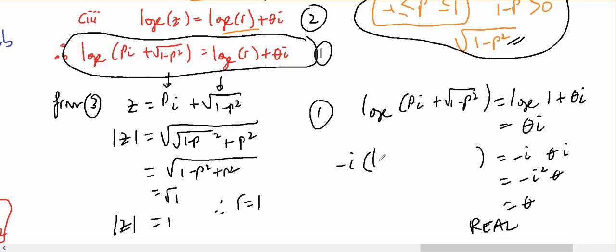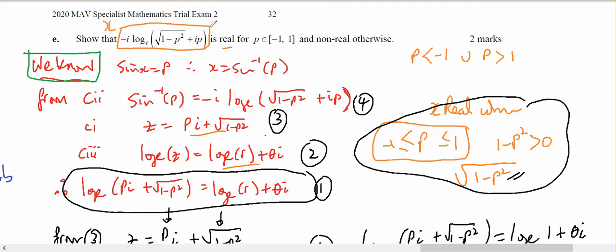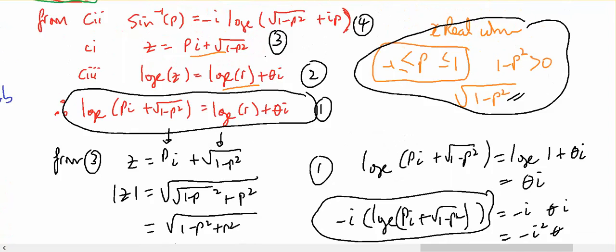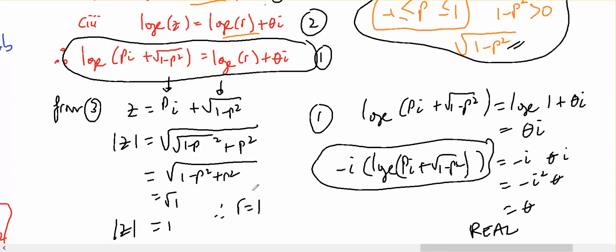And this is what I had to show was going to be real. So it's going to be real because r is going to equal 1. And r is going to equal 1 because p is between -1 and 1, and this magnitude of z gives you 1 as the answer.